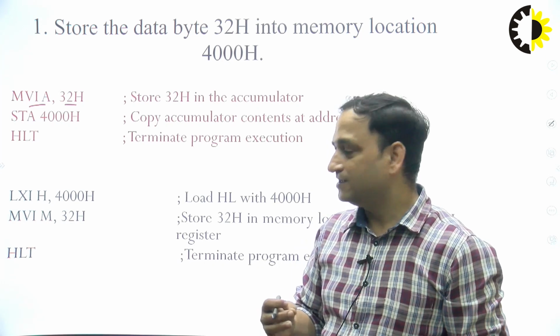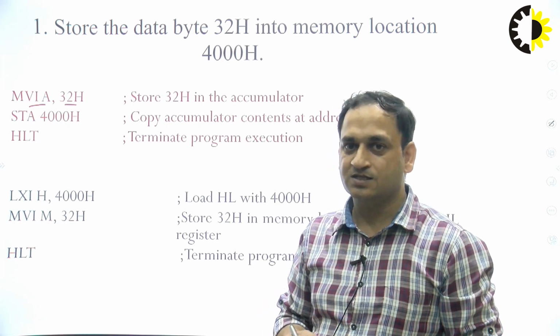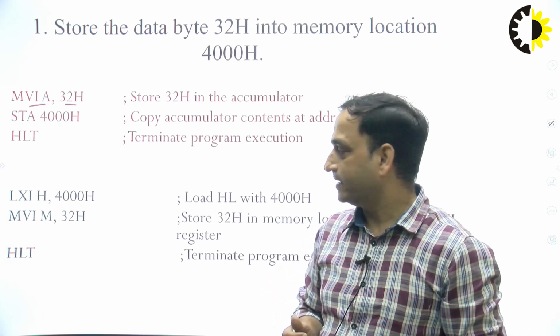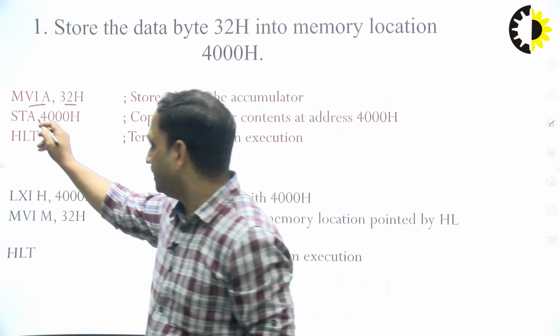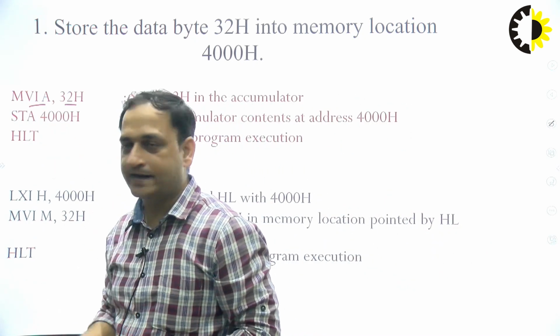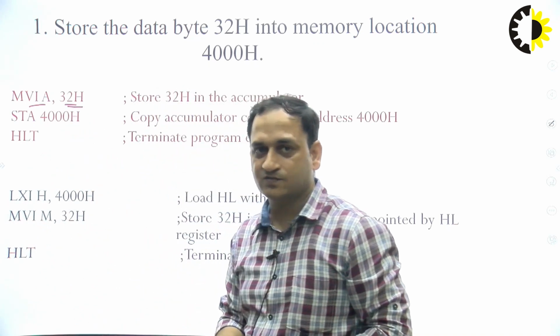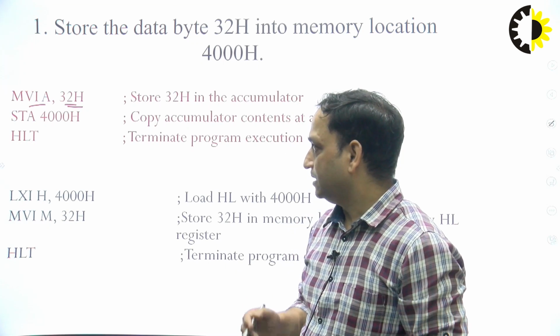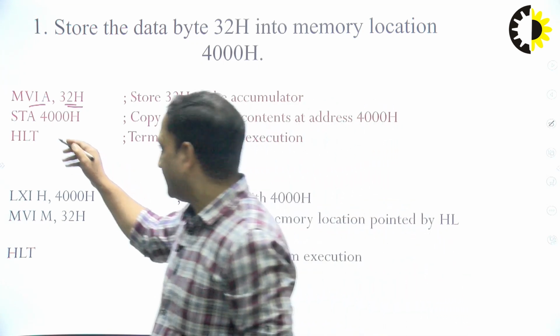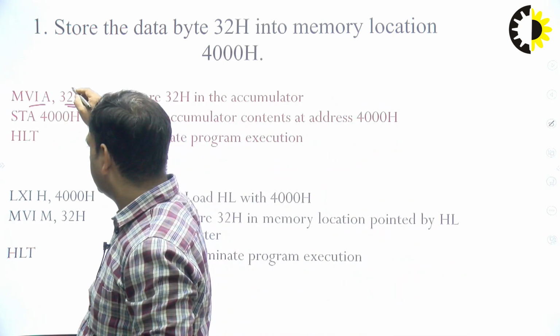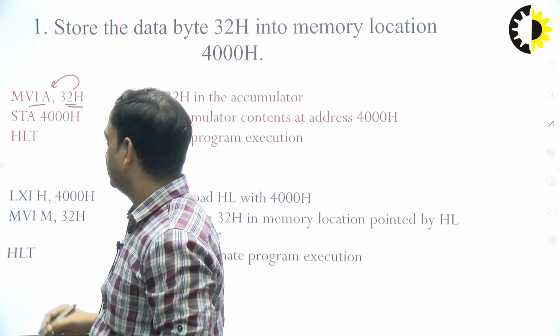Every instruction has two parts, the opcode and the operand. So MVI A is the opcode part, and 32 is the operand. Because the number is given in the instruction, this is the immediate addressing mode. By this expression we know that 32 will be stored into the accumulator.